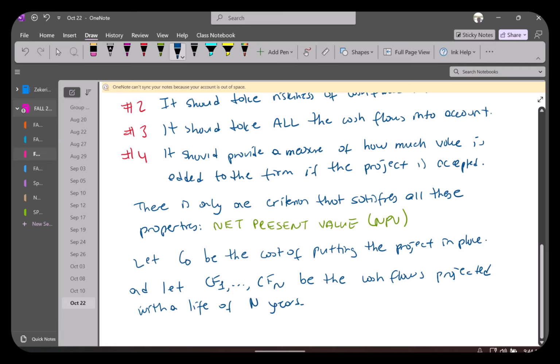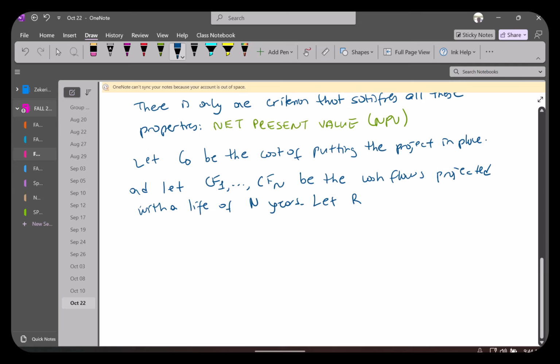Somebody who comes up with these numbers is going to tell me this project has a useful life of 10 years, and here are the cash flows we project for the next 10 years. 50 million, 60 million, 10 million, what have you.